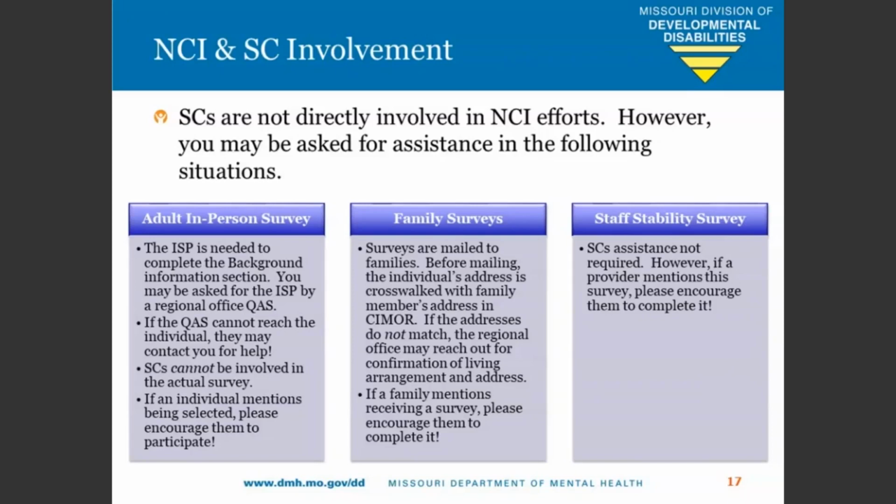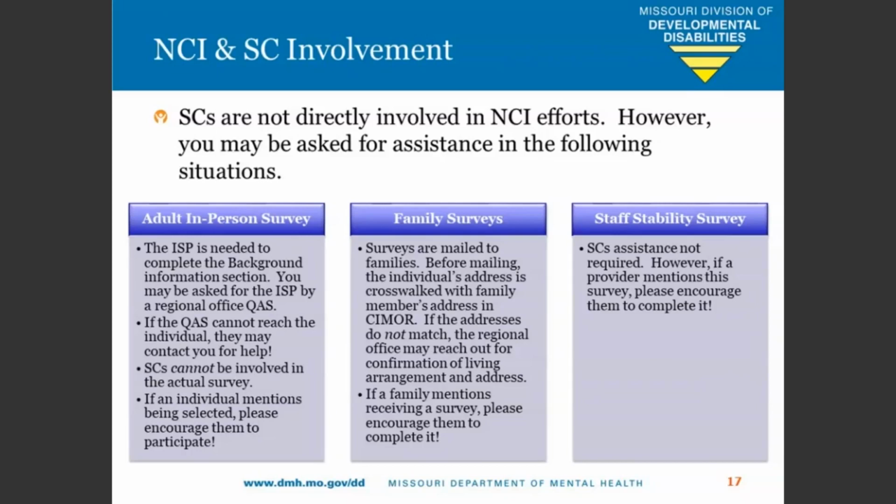So we need as many surveys back as we can get. If you have someone who mentions that they received one, please encourage them to send it back.